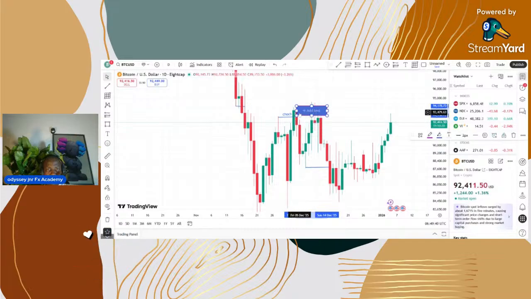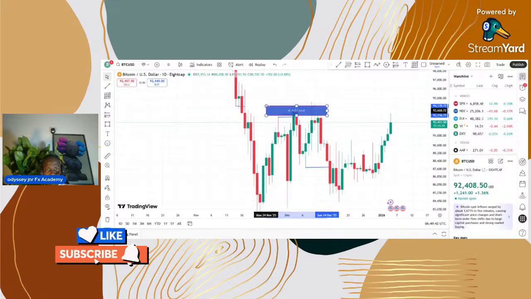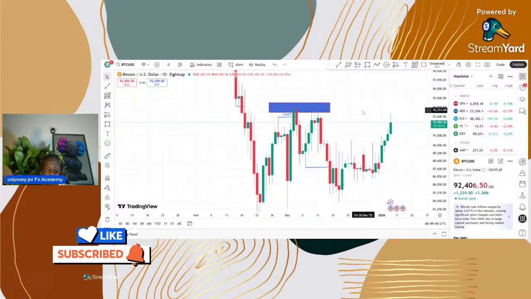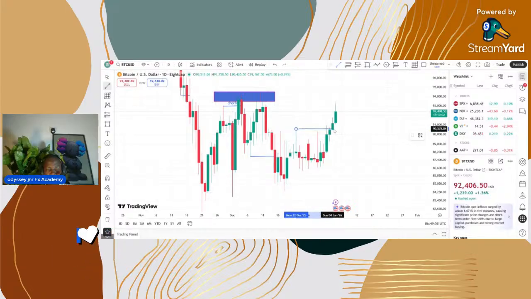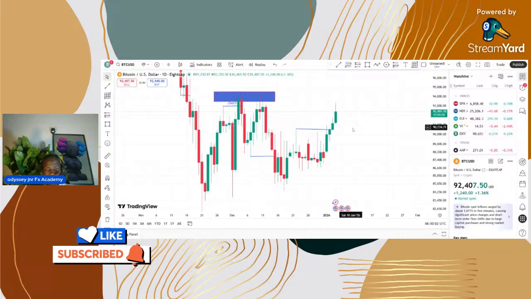This is equal high. This equal high. So look towards here. We have this break of structure to the upside, and this break of structure to the upside.